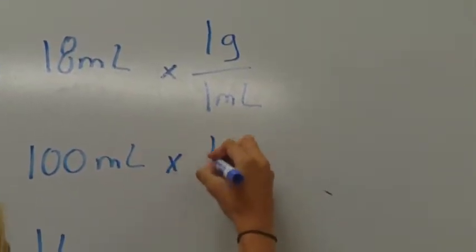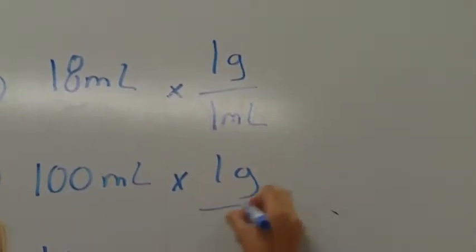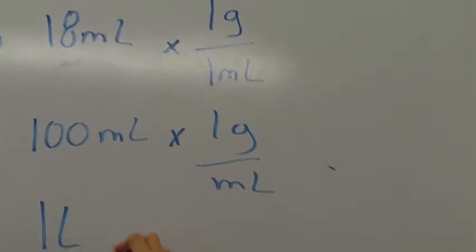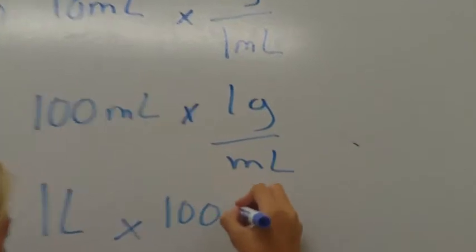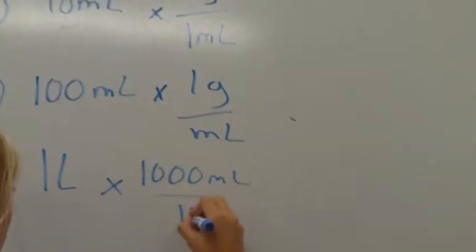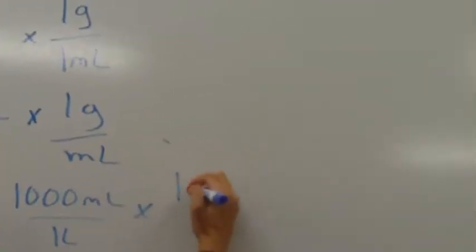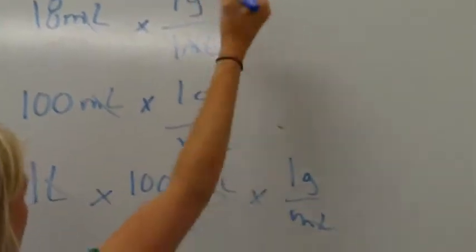So for this one, we have to convert it to milliliters real quick. So same thing, density. So that crosses out all the milliliters. Now we have it in grams.